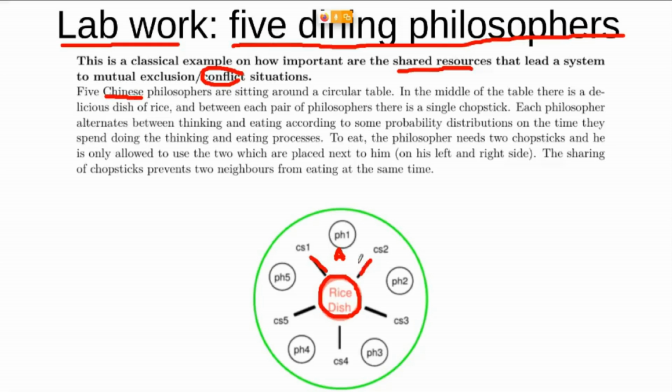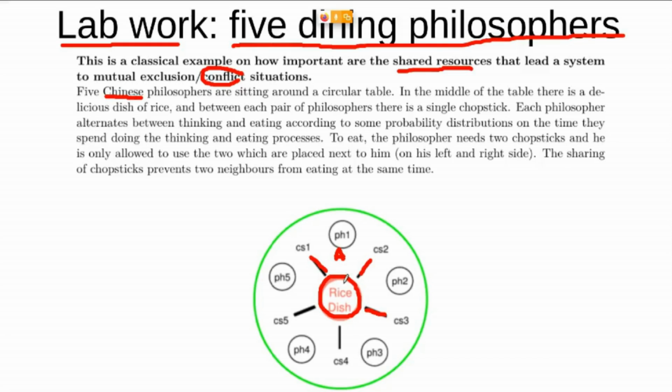And this is the left hand chopstick for this philosopher. As you can see, this philosopher has chopstick 1 and chopstick 2 ready to be used, okay? Philosopher 2 has chopstick 2 and chopstick 3 in order to eat rice.